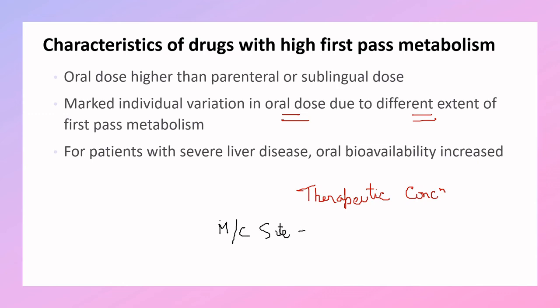Hence, if the patient has a liver disease and the function of the liver itself is compromised, then naturally the amount of drug reaching the systemic circulation will be high. If it becomes very high because of severe compromise of the liver, then naturally the chances of toxicity are also going to increase.